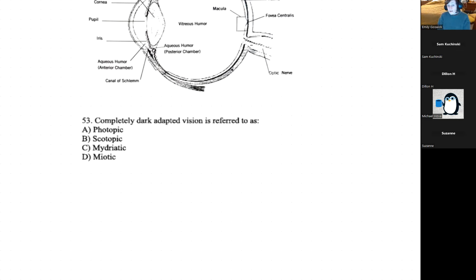But those are called midriatic glasses. So it's a good way to remember this, that when you're dilated, you are completely dark adapted, right? Your pupils are really big. And so if you go out in the sunlight, it's kind of painful if you're dilated, for a while, until your eyes adjust. So the answer in this case is midriatic. So it's C.